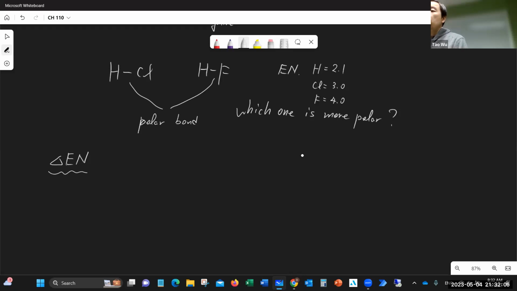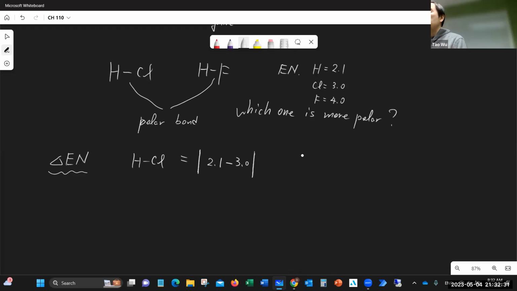For example, for the HCl bond, how do we calculate? We take the difference, the absolute value, between chlorine and hydrogen. Hydrogen is 2.1, subtract 3.0. The absolute value means the result is always positive.